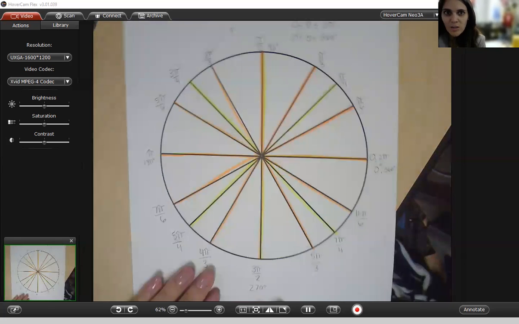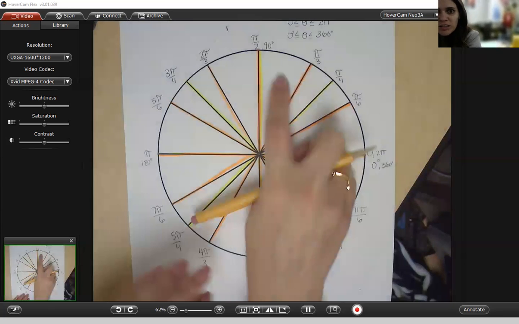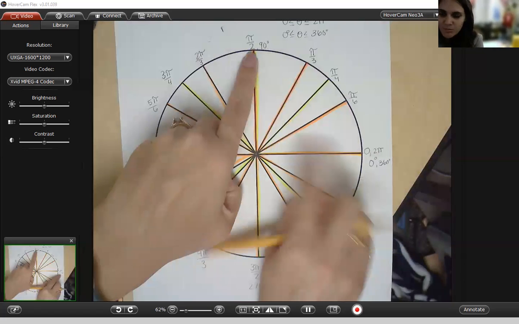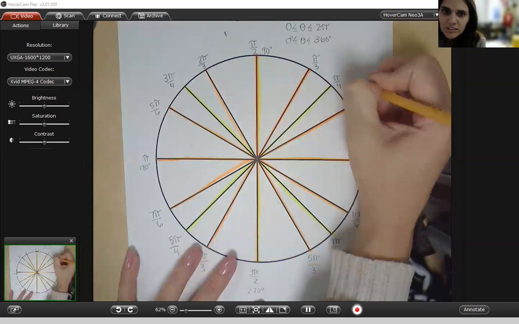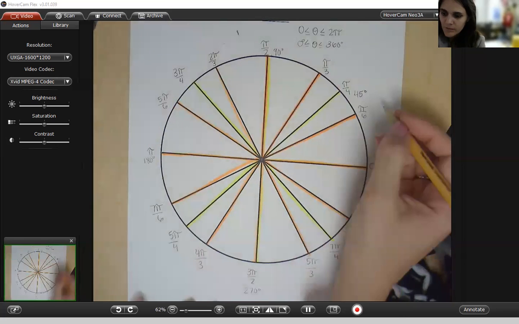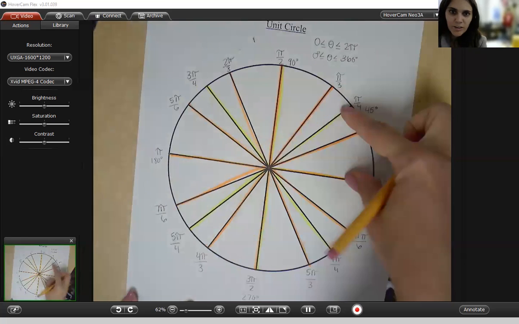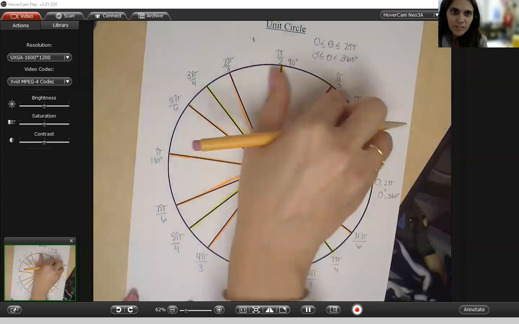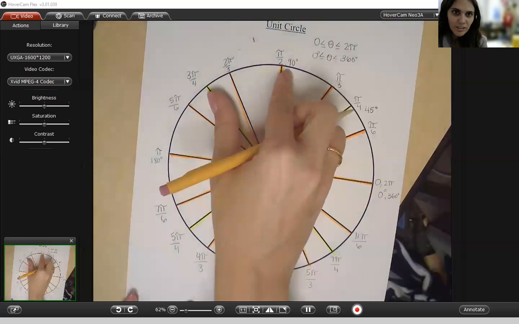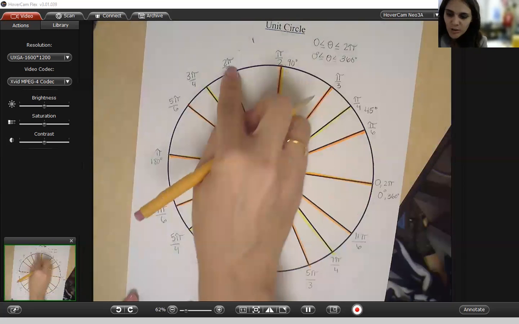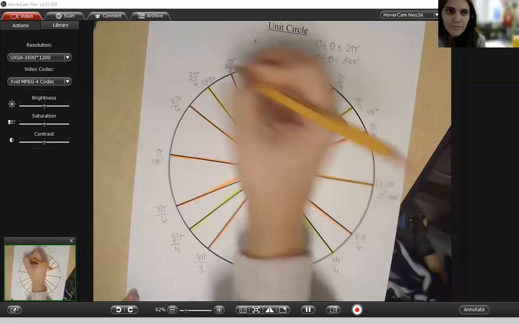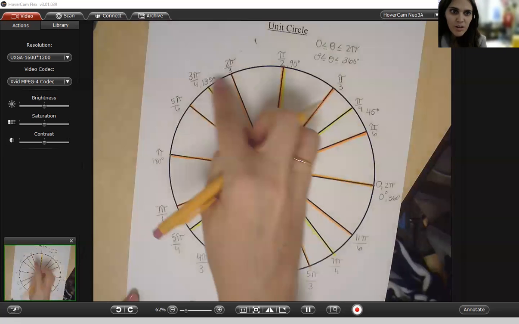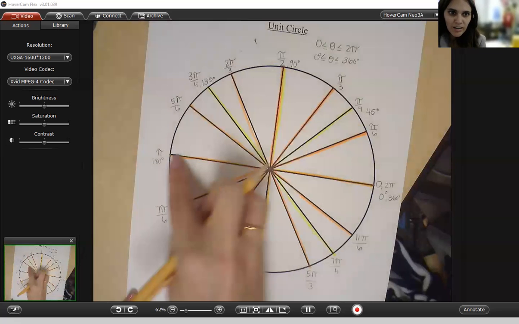All right, now let's look at the yellows again. If I know from here to here is 90, what's halfway going to be? Well, it's going to be 45 degrees. If that's 45 degrees, then that's 45, then that's 45. 90 plus 45 is going to get you 135 degrees. 135 plus 45 gets you 180.